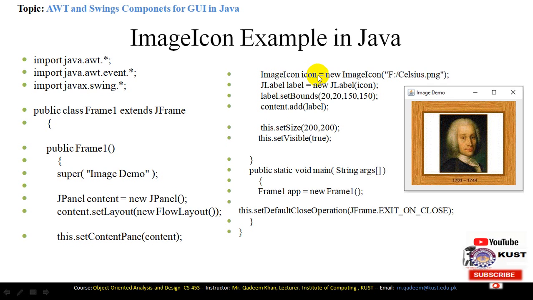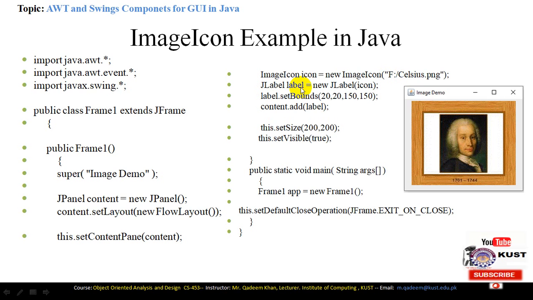Now Icon icon = new ImageIcon("F:/celsius.png"). This defines the ImageIcon object, and the ImageIcon constructor takes the parameter of the image path. The image path may be a particular path on your hard disk.